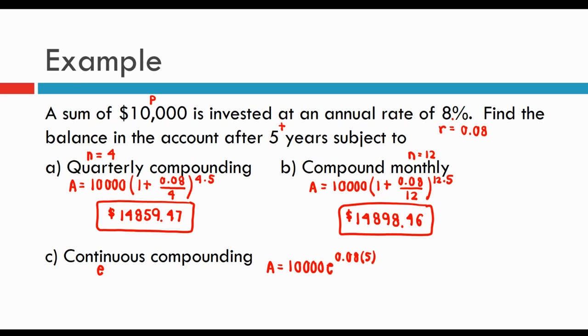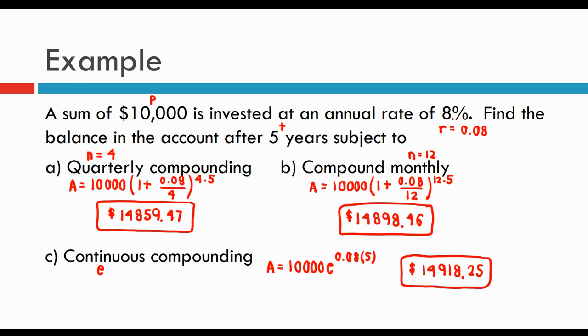So very carefully make sure that you have the rate and the time as an exponent, and we should have gotten $14,918.25.